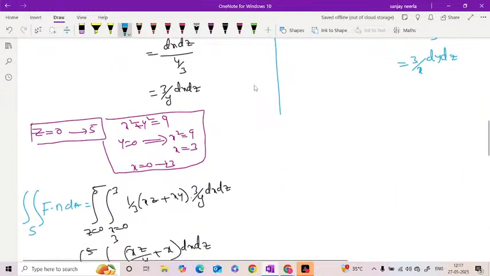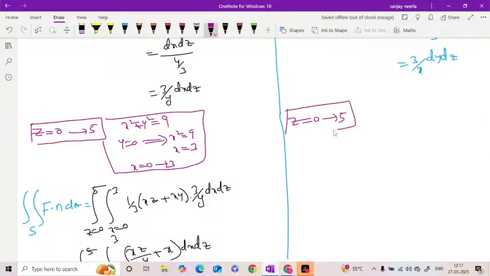Again the limits: z is already given as 0 to 5, and we need the y limits. So x square plus y square is equal to 9. Now x is 0, substituting, y square is 9, so y is 3. That means our y limits are 0 to 3 only.